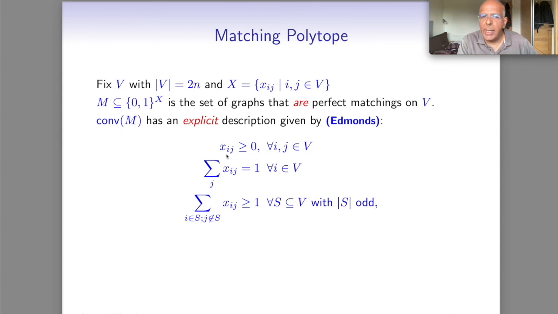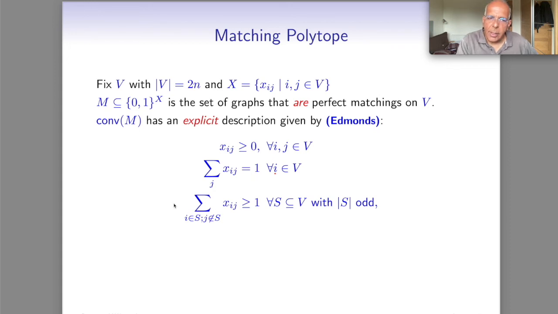We require each x to be non-negative. For every element i in V, we take the sum over all j of xij, and we require it to be 1. This is really like saying the degree of every vertex is exactly 1.